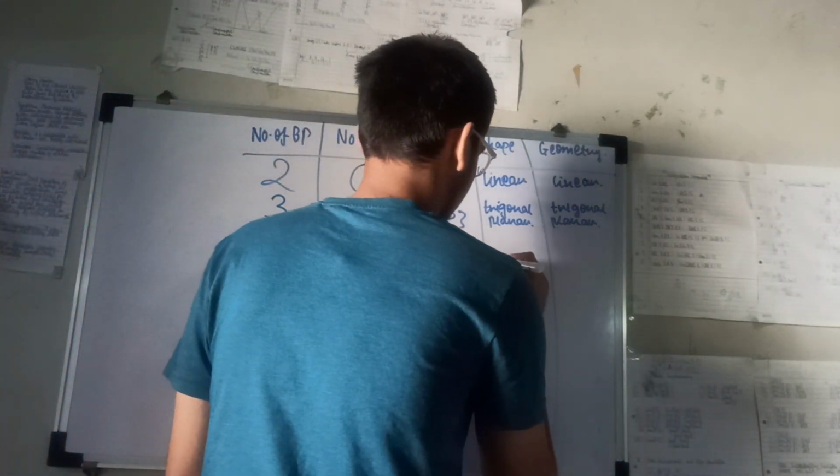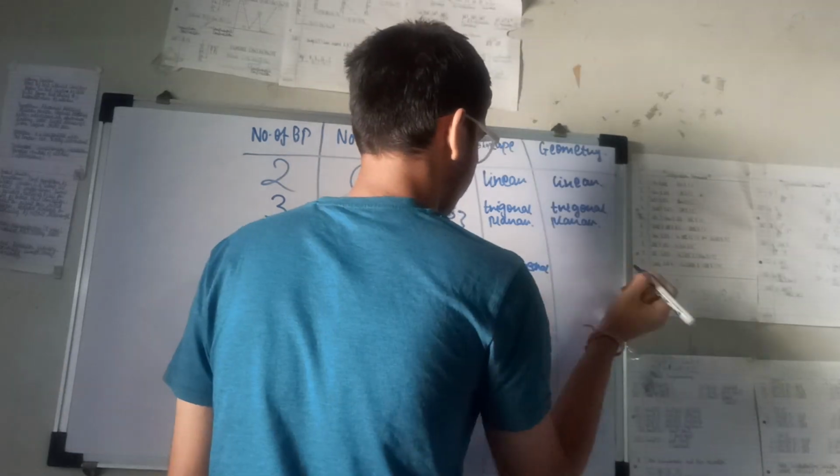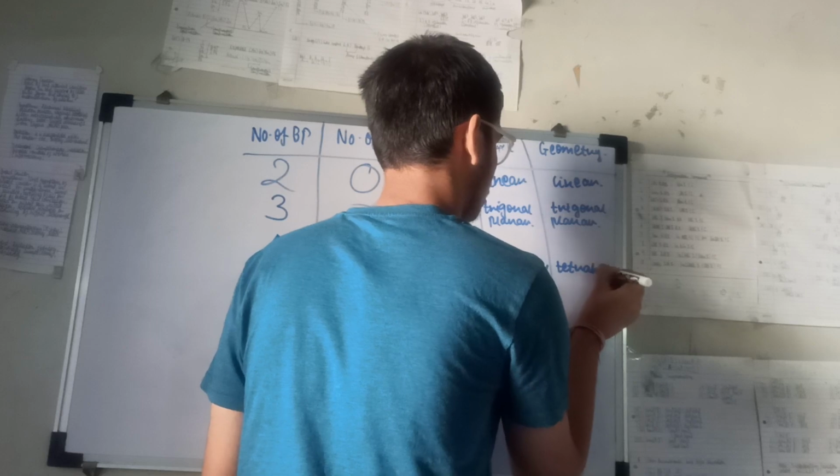Tetrahedral, and here also tetrahedral. Shape is equal to geometry if there are no lone pairs.